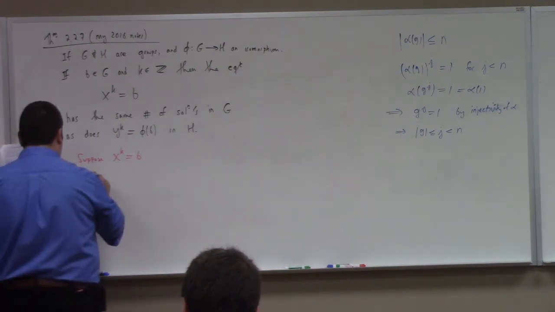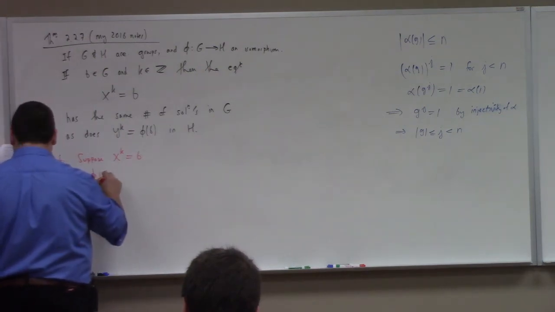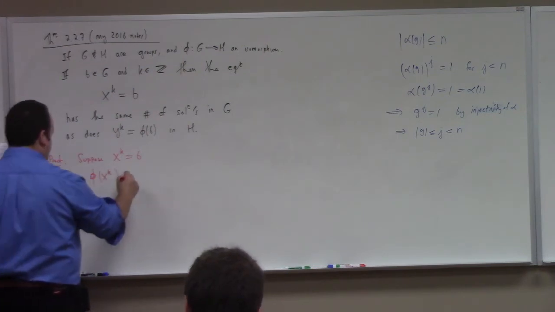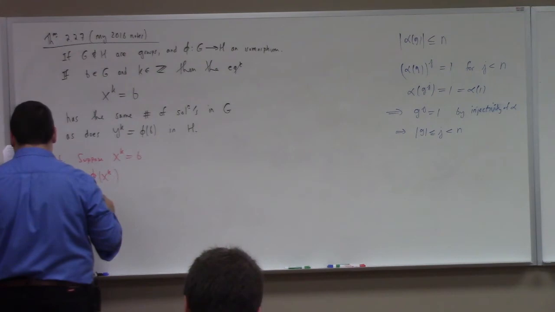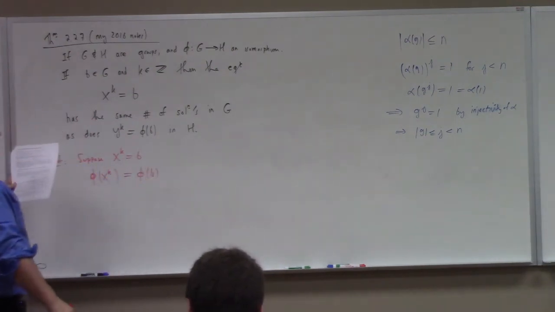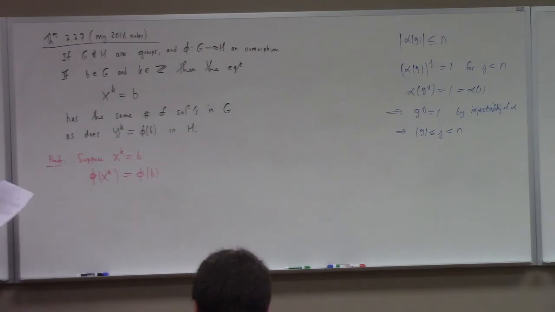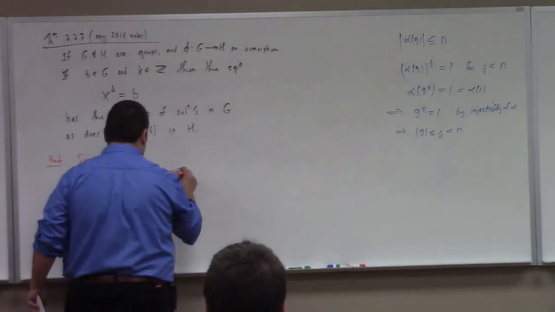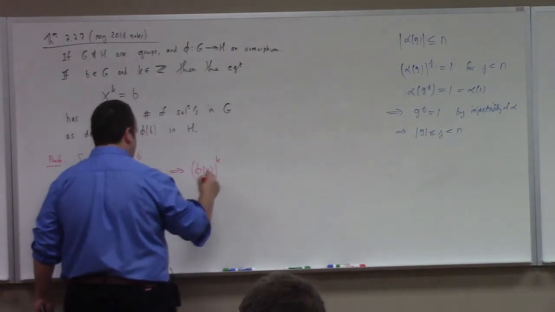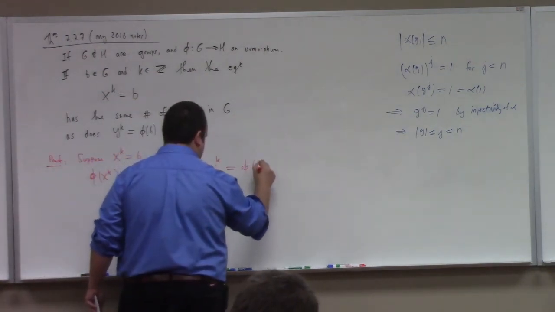Then what can we say about phi of x to the k? This is equal to phi of b, right? Which says what? Phi of x to the k is equal to phi of b.